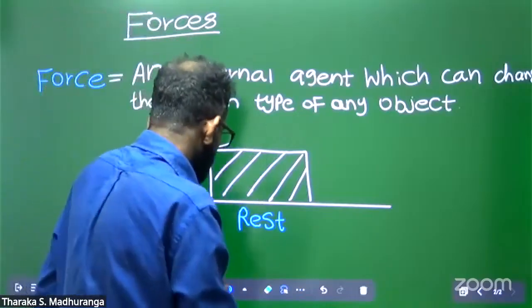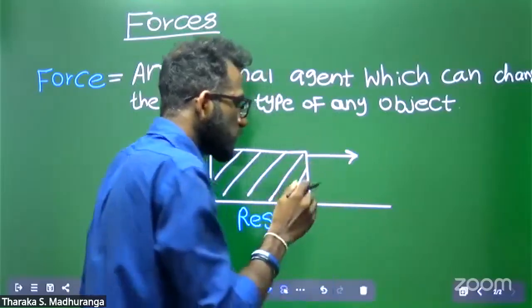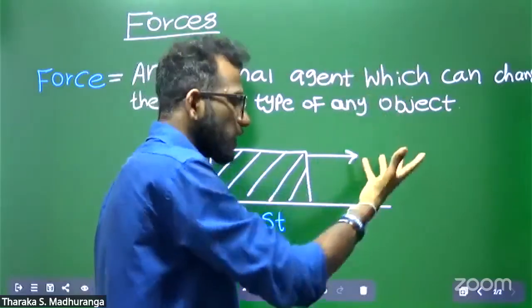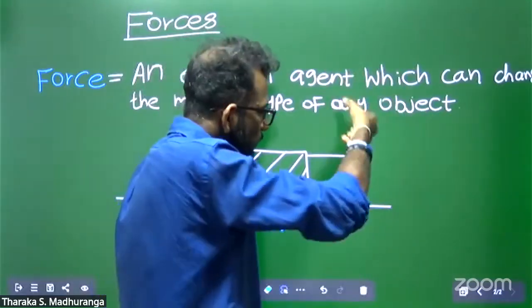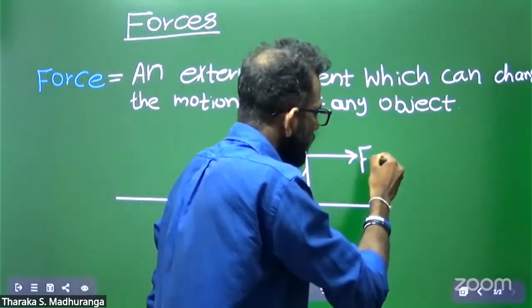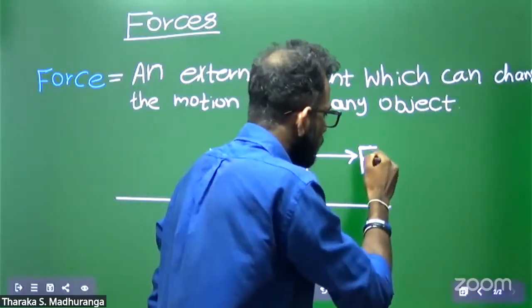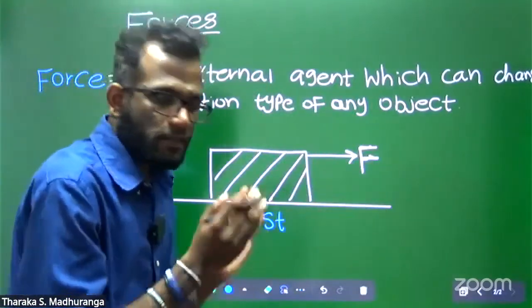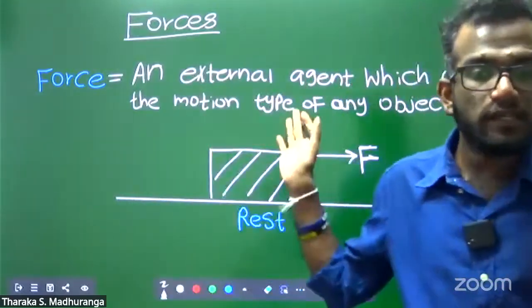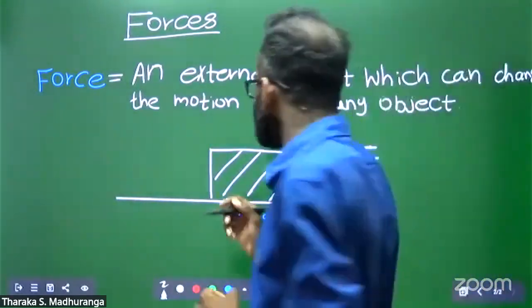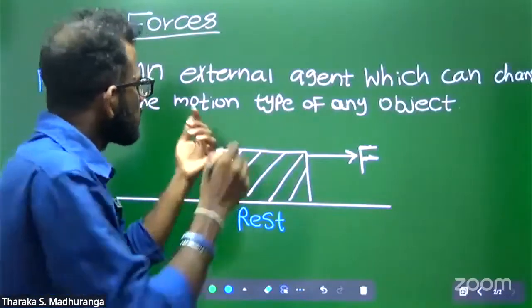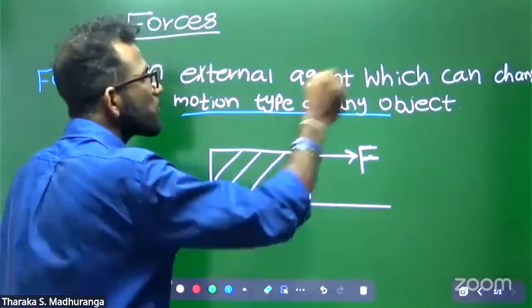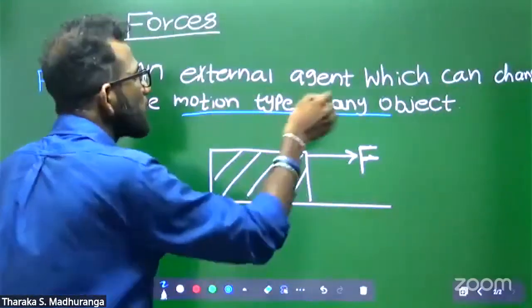When we apply an external agent, which we call force, we can move this object. Then that external agent is the force, and you can see the motion type is changing. Force changes the motion type of any object.